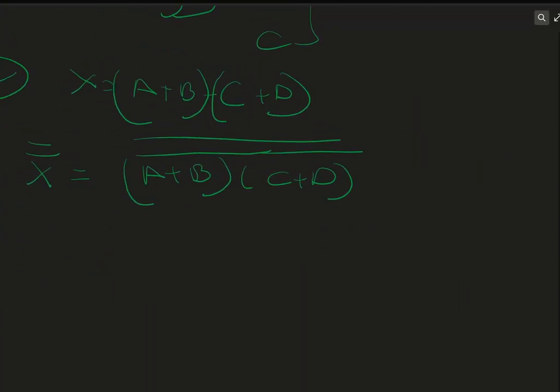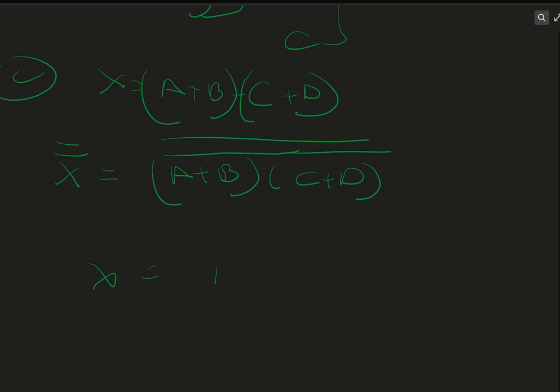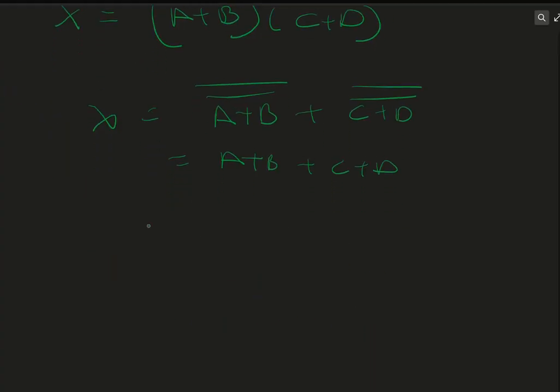So we do what? X equals a plus b double bar plus c plus d double bar, which is a plus b plus c plus d. Just invert it and that's it.